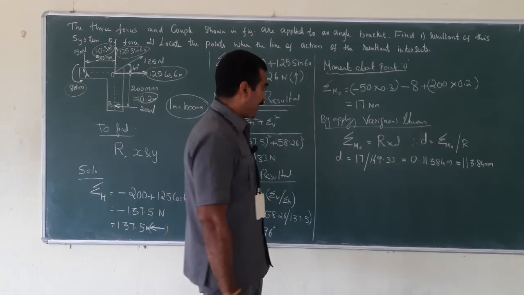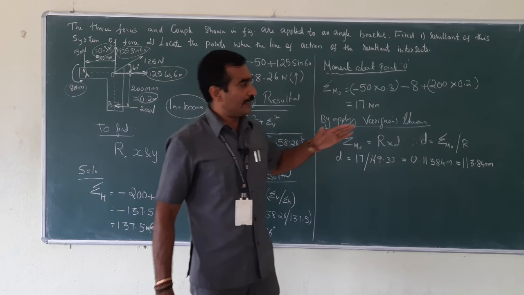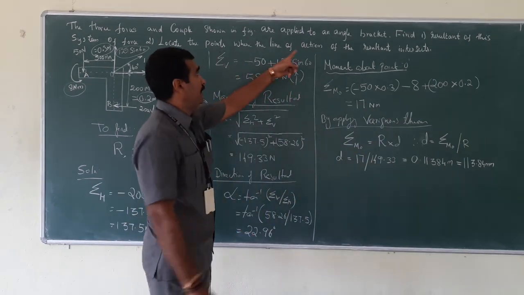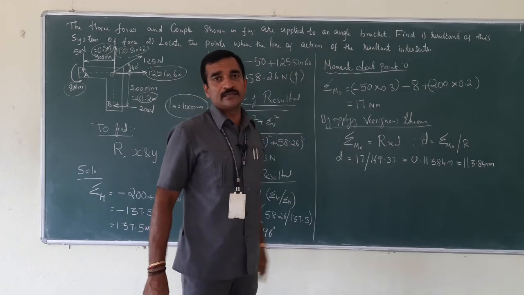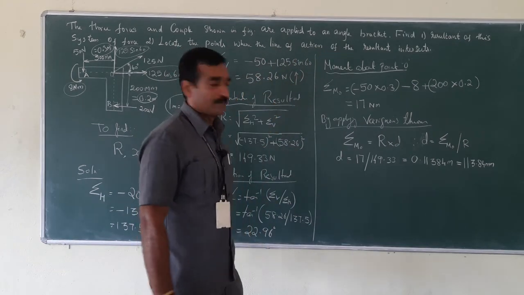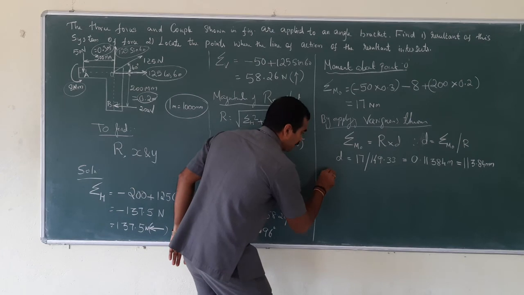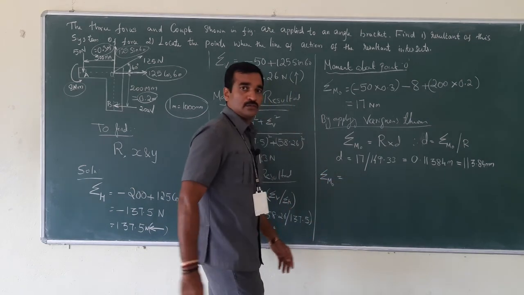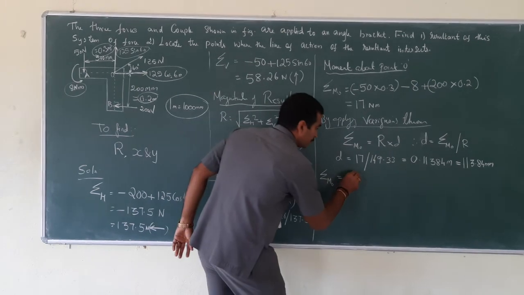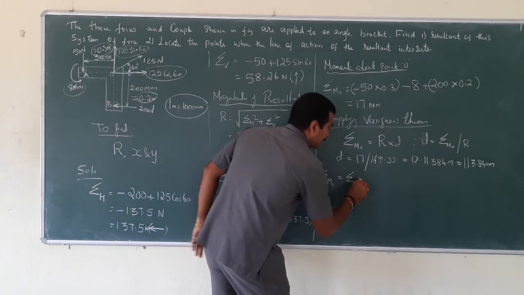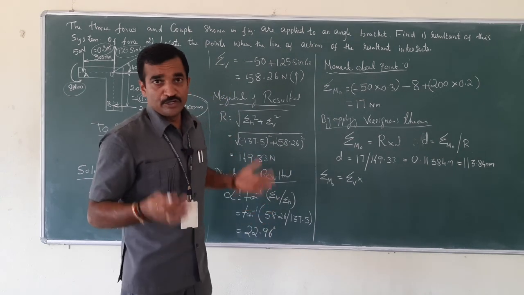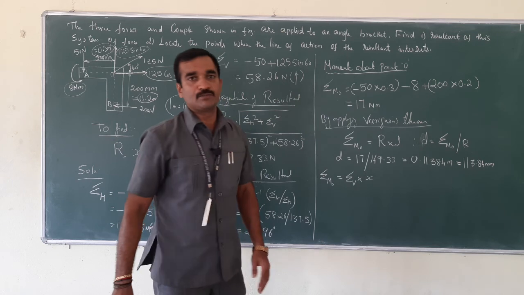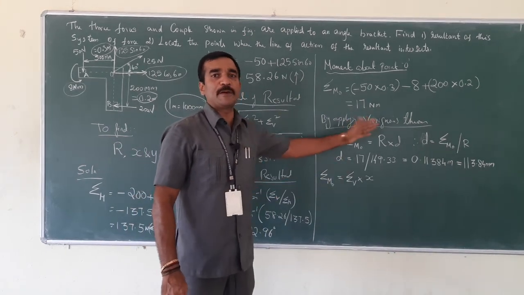Got it? So next, in order to find the x and y coordinates, that is the intersection point where the resultant meets the line of action. The formula is sum of moment about O equals, if it is a vertical force, you need to feed the value of the horizontal distance, because moment is nothing but force into its perpendicular distance.